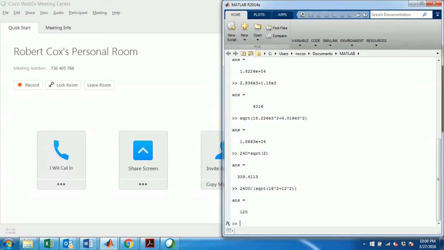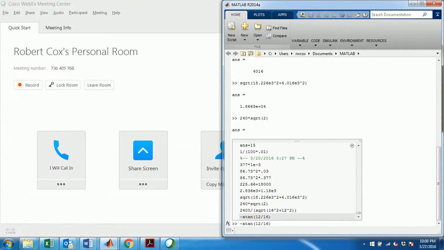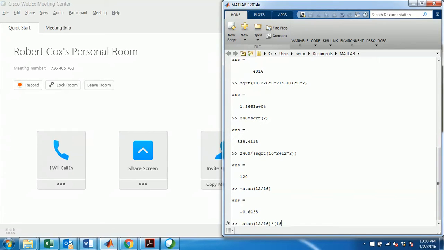Okay. Now, angle-wise, a tan of, that's the way MATLAB does arctan. The imaginary part is 12. The real part is 16. Right, and it said negative. Okay, now that's in radians. MATLAB does it in radians by default, so let's convert that to degrees.